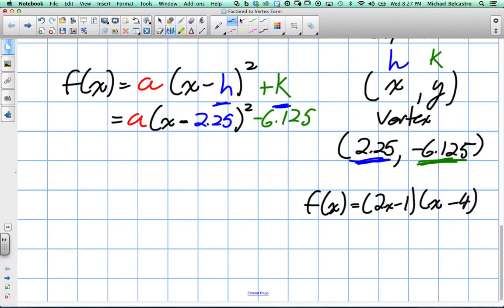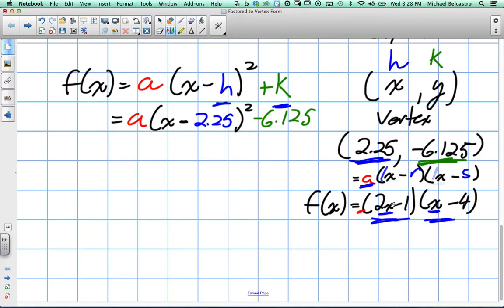In order to have the same a value every time, because our factored form is usually written as a times x minus r, x minus s, if you notice in this version, the x's both have a coefficient of 1. It's important that in our factored form, to have the true a value, we have to make sure they have coefficients of 1.